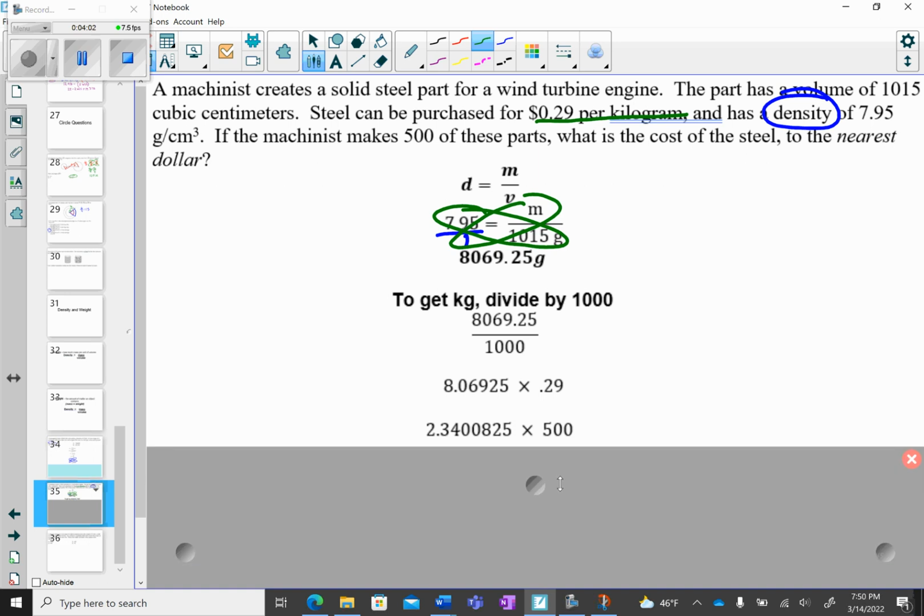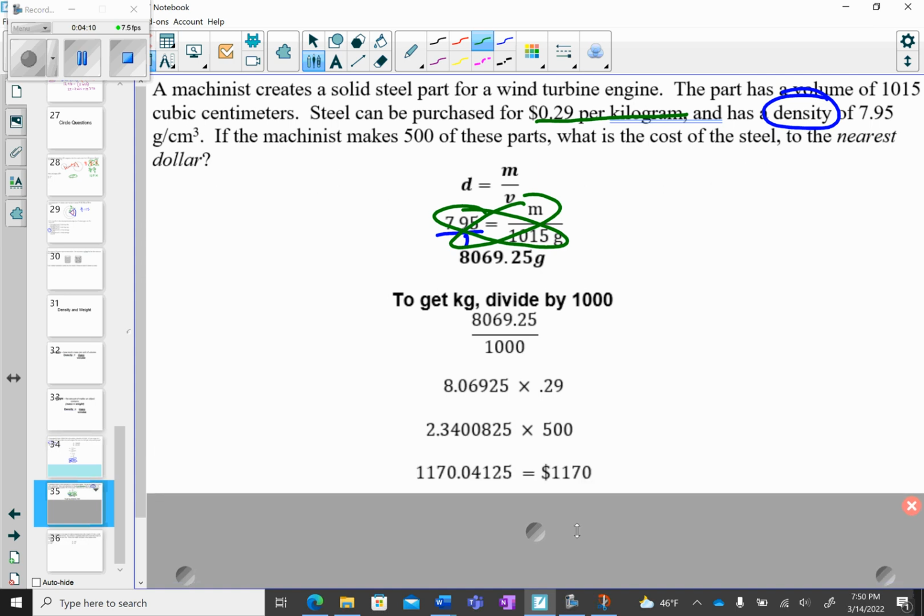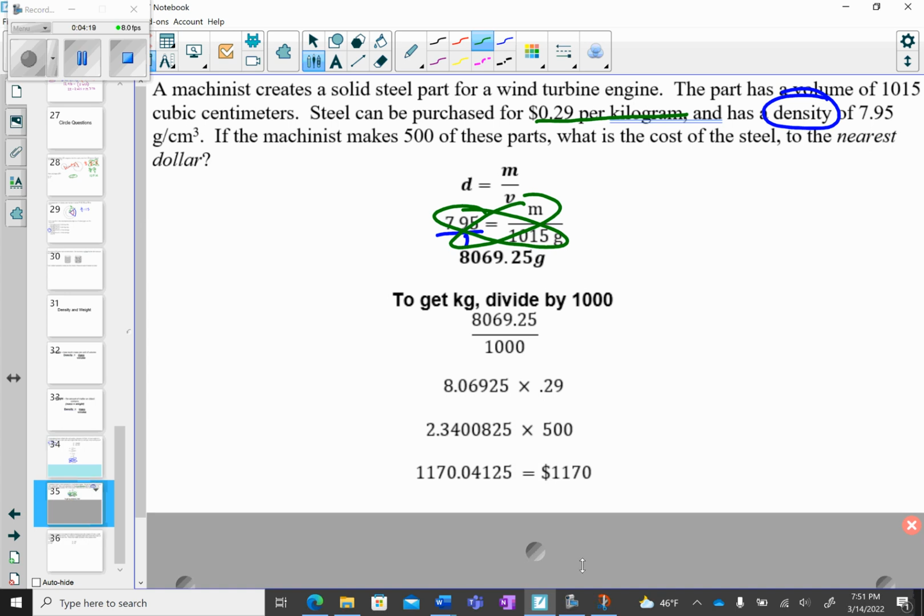And then we're going to multiply that by how many we're actually making, which is 500. So we end up getting 1,170.04125. And we want to round to the nearest dollar, so 1,170.